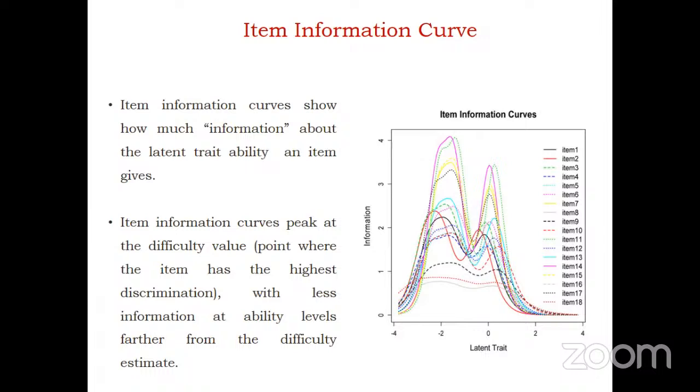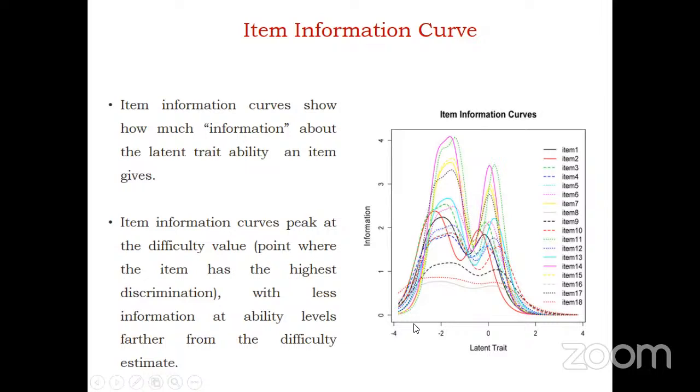Okay, here also you get information about each of these items, but what this item information curve gives you additionally is the total amount of information one particular item is giving you along the entire continuum. So this entire continuum ranges from -4 to +4 theta level, right?